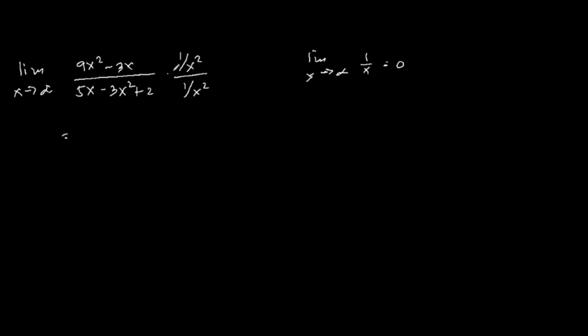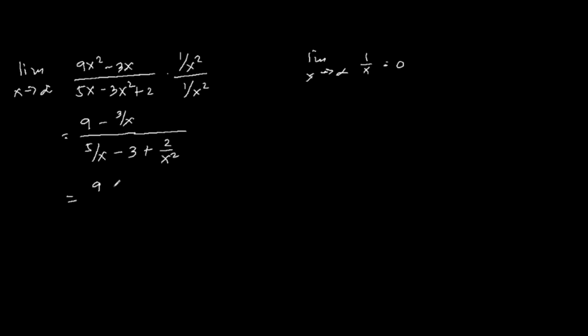So 9x squared times 1 over x squared is equivalent to 9, minus 3x times 1 over x squared, which is 3 over x. And then we divide. 5x times 1 over x squared is 5 over x. Follow the sign, minus 3x squared times 1 over x squared is negative 3, and plus 2 times 1 over x squared is 2 over x squared. And then change it to the limit.